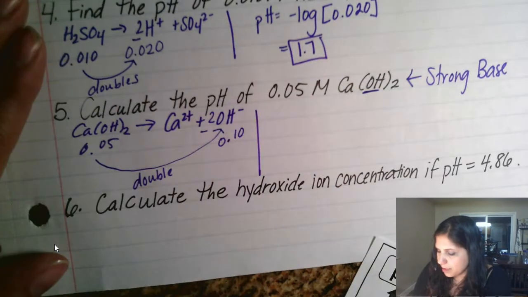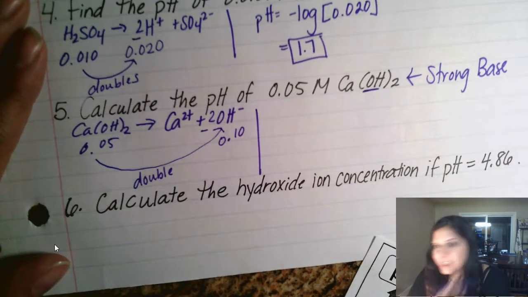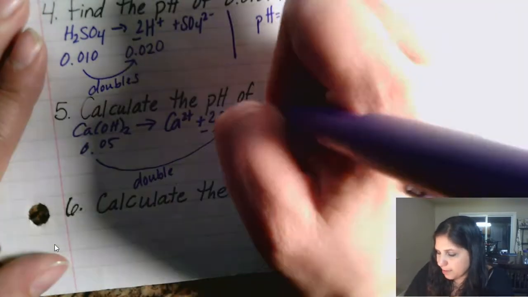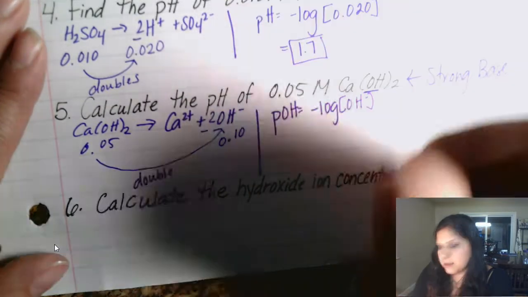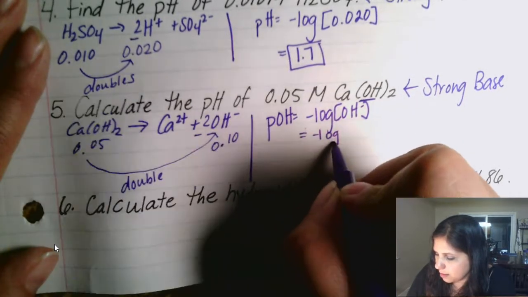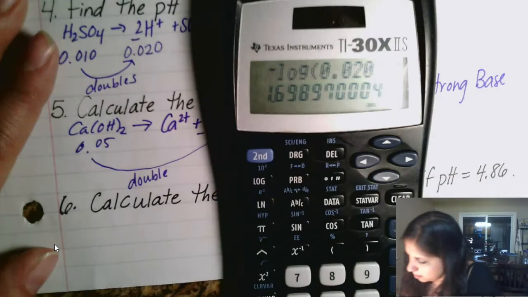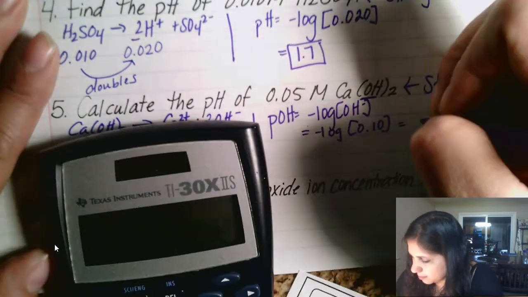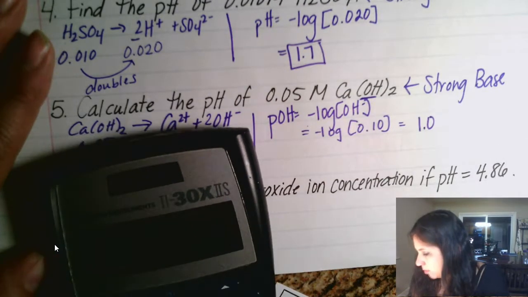All right, so then what can I find? I have OH this time. I can't find pH from OH. So what I can find is POH. So POH is the negative log of the OH minus. So let's plug that in. That's the negative log of 0.10, which is 1, because this is actually negative log of 1 times 10 to the negative 1.